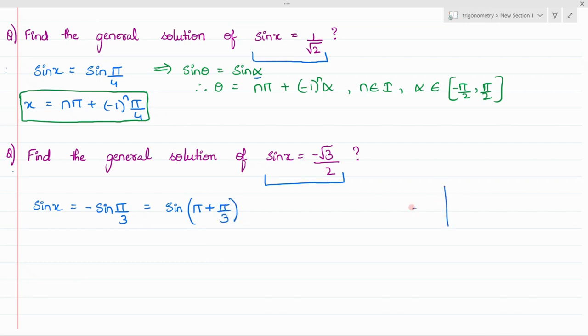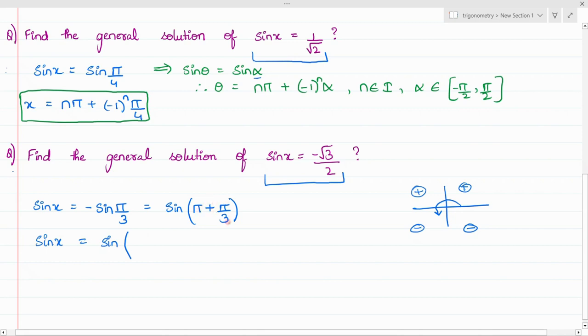Why? Because if you consider the four quadrants, sine is positive over here, and negative in the next two. So here it is the minus sign, so it can be written as pi plus pi by 3 because sine is negative here. So from here we can write sin x equals sine of pi plus pi by 3, which is nothing but 4 pi by 3.